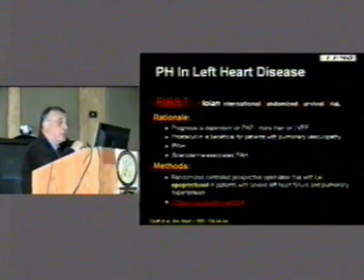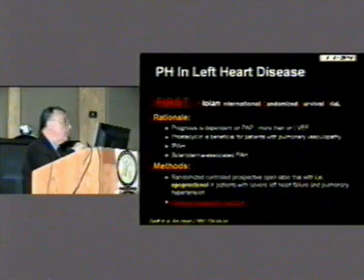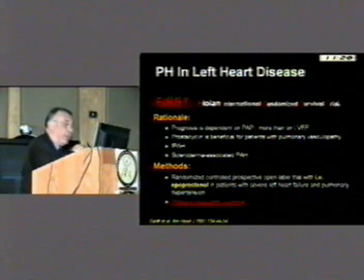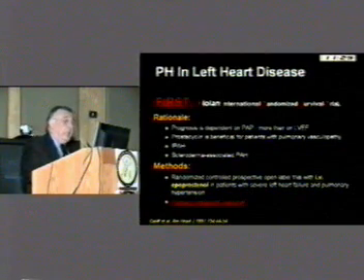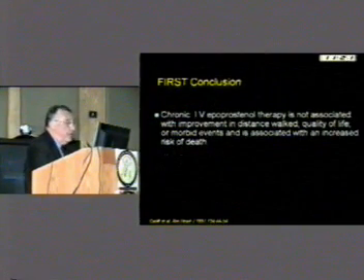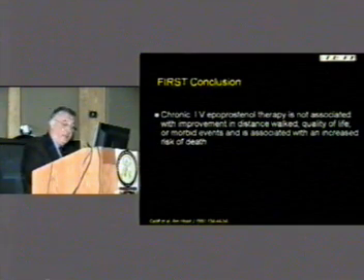Scleroderma associated with PAH, and the method was an open label trial with IV epoprostenol, that's the vasodilator, in patients with severe left heart failure and pulmonary hypertension, and the primary endpoint was survival. That was the conclusion of this study, that IV epoprostenol therapy is not associated with improvement in walk distance, quality of life, or morbid events, and is associated with an increased risk of death.